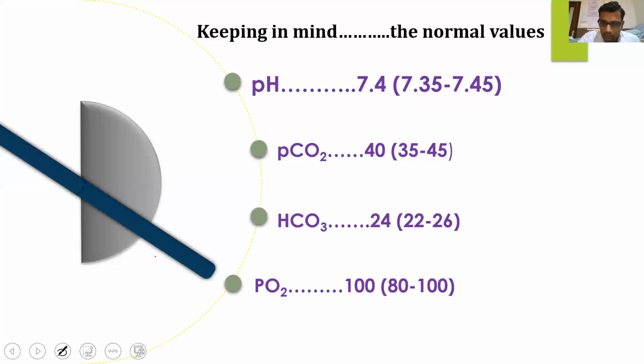Though these ranges are physiological, for analysis purposes we have to remember a single value. Our single value for pH is 7.4, PCO2 is 40, bicarb is 24. We consider these as the single values and consider variation from them.